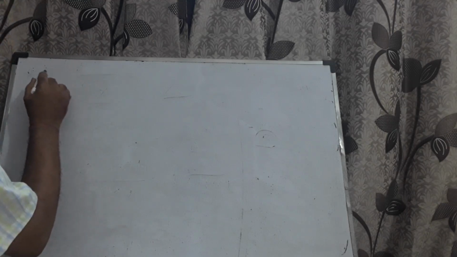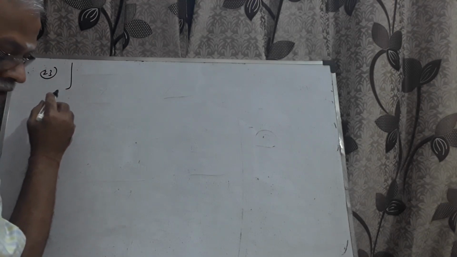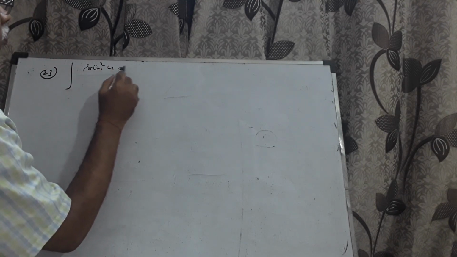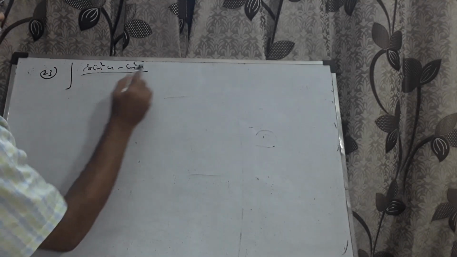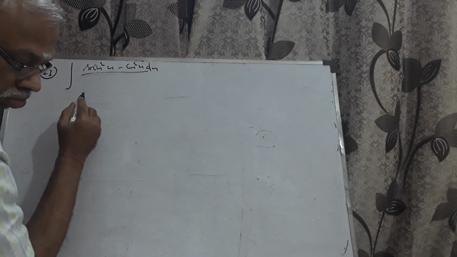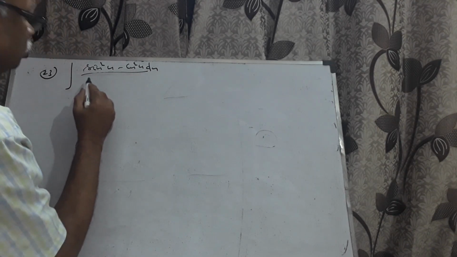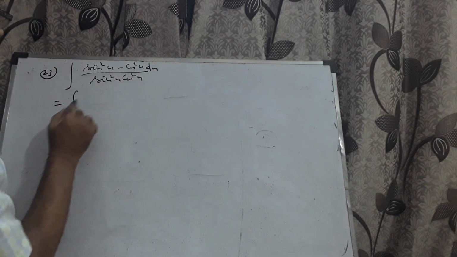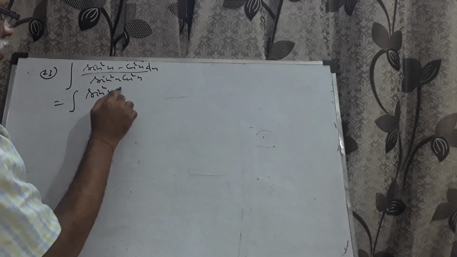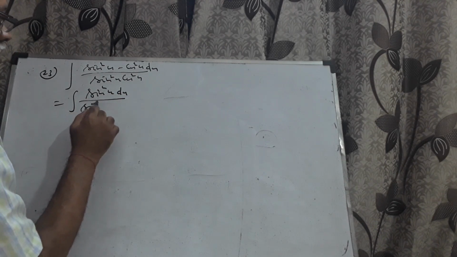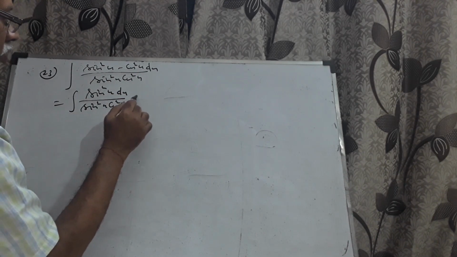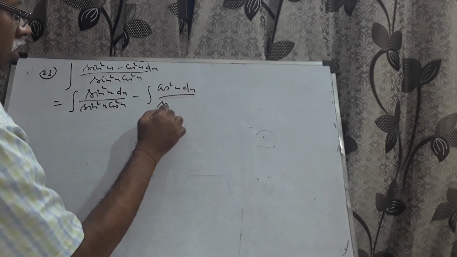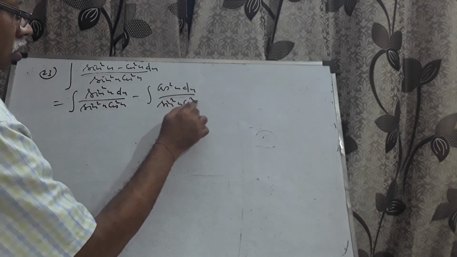The 23rd sum goes like this. Integral sin square x minus cos square x dx by sin square x cos square x. Let me divide individually. Sin square x dx by sin square x cos square x minus integral cos square x dx by sin square x cos square x.